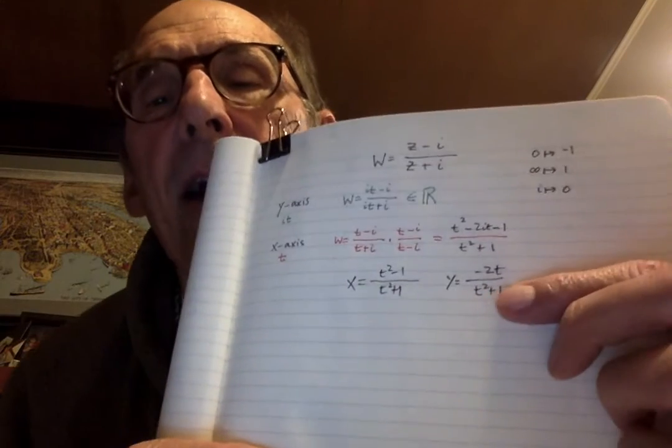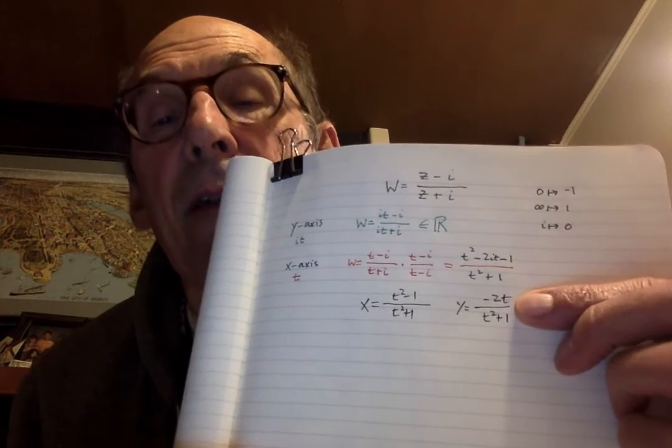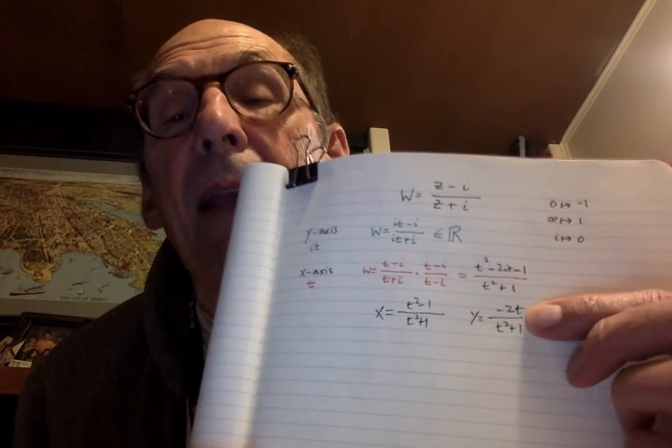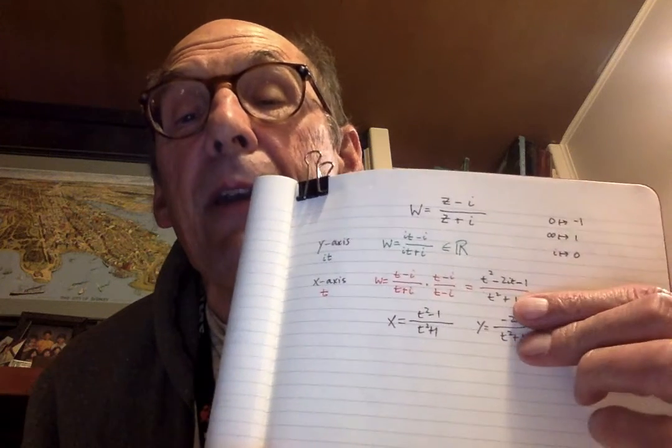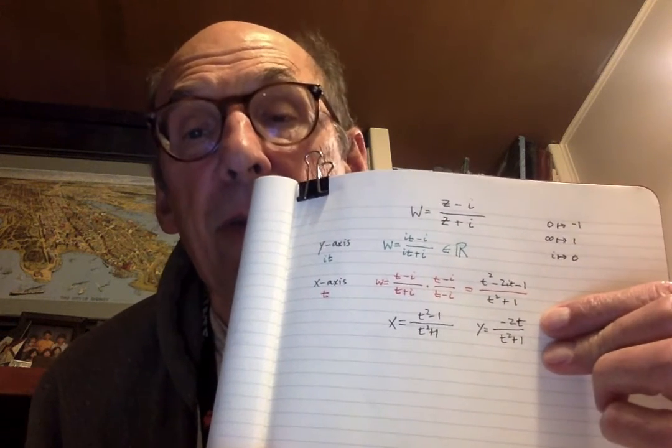When you square y, you've got a 4t, and so what happens is you just get t squared plus 1 over t squared plus 1. So that's 1. So x squared plus y squared is 1. So we're on the unit circle.